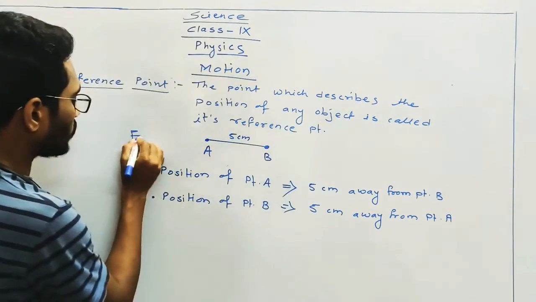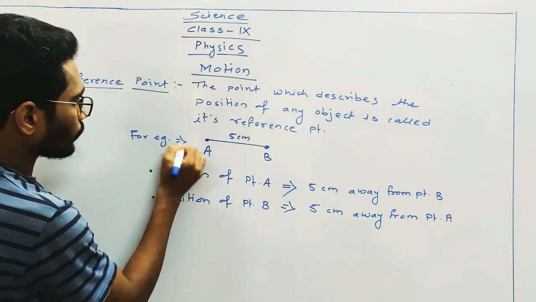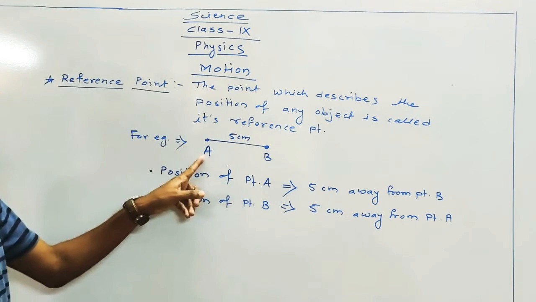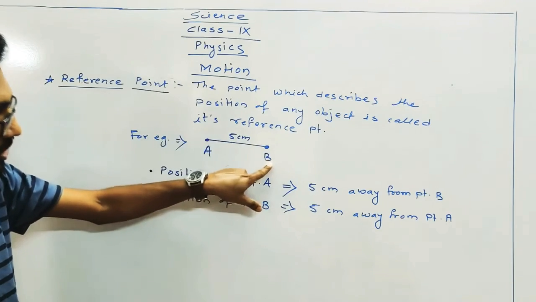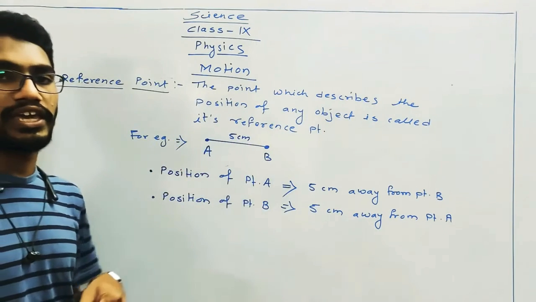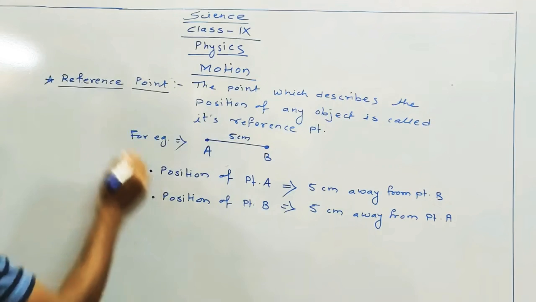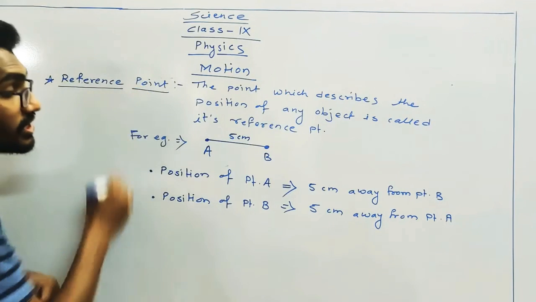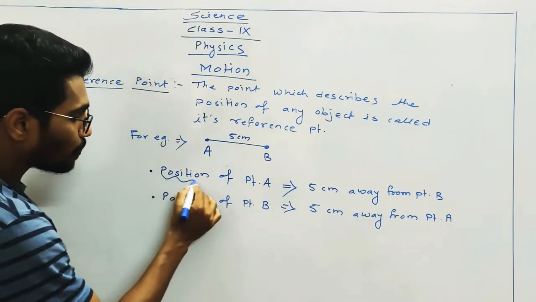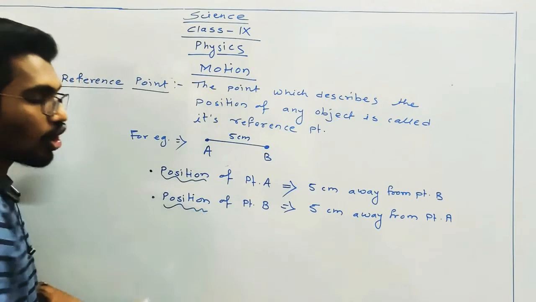So for example, A must be the reference point for B and B must be the reference point for A. Is it clear to all? So we'll require a reference point to describe the position of any object.